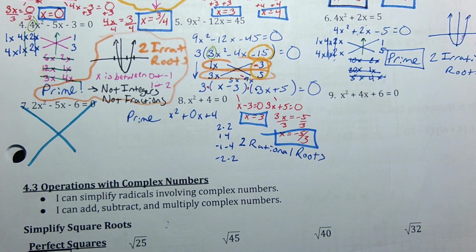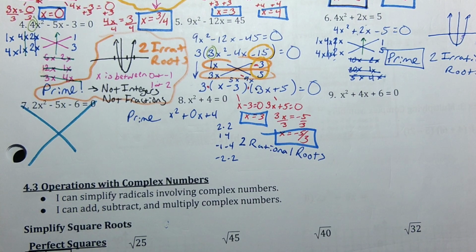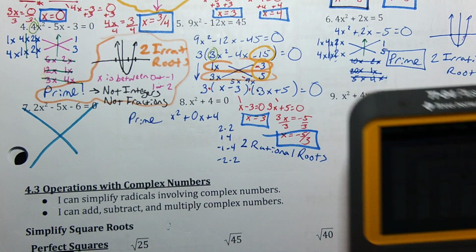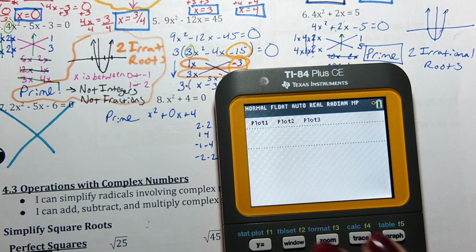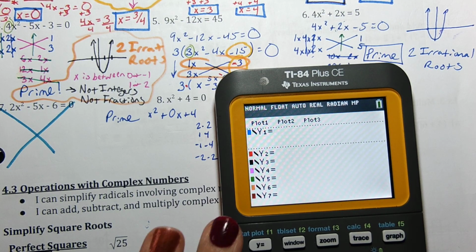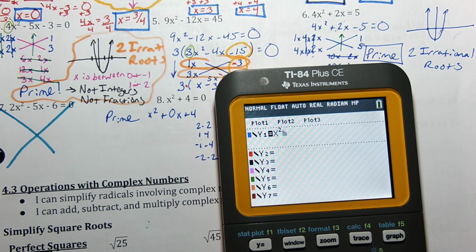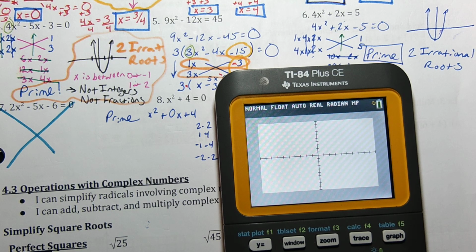Now, before we say it must have irrational roots, we're going to go ahead and take a look at this graph. X squared plus 4. How many x-intercepts does that graph have? 0. None at all.